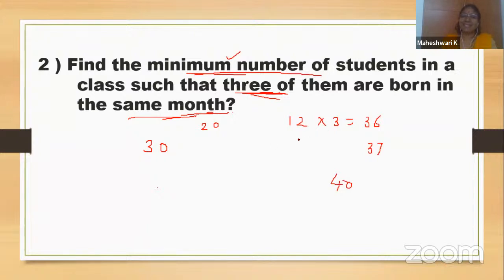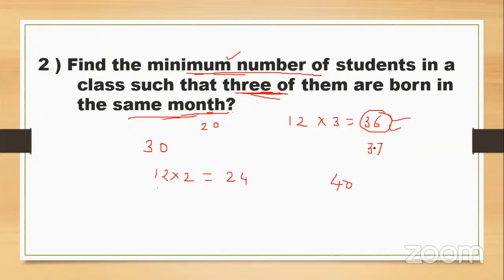So what could be the minimum number? If 2 people are born in each month, 24 for sure, we can make it like that. Then you can figure out that 36 is definitely not the minimum. We will have 25, right? 2 times 12 plus 1.